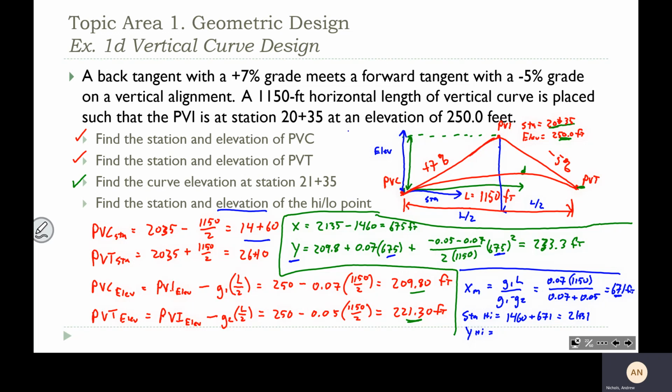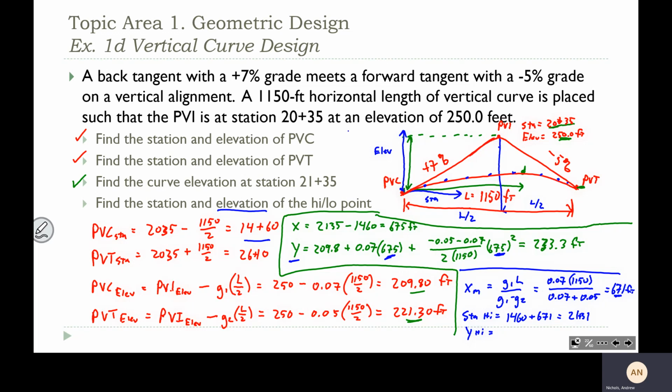And so in Excel, you could have a row of station values, and then you could have a single column calculating the elevation that is only changing with the value of X right next to it. So we could plug in any distance of X and it would give us the specific point.